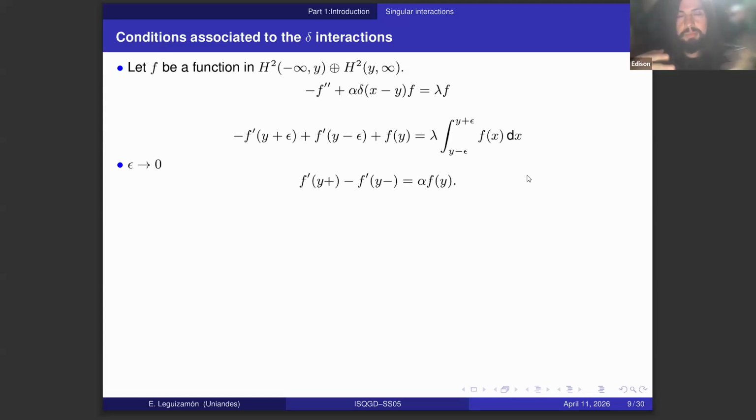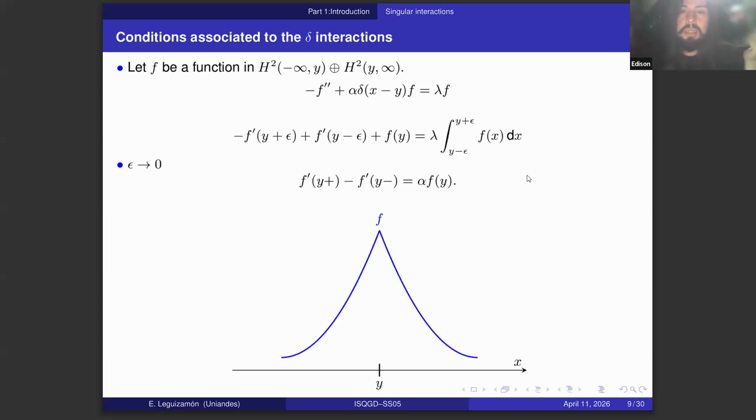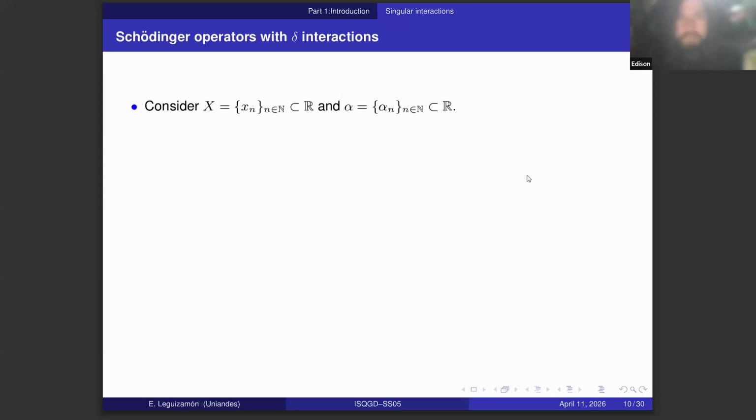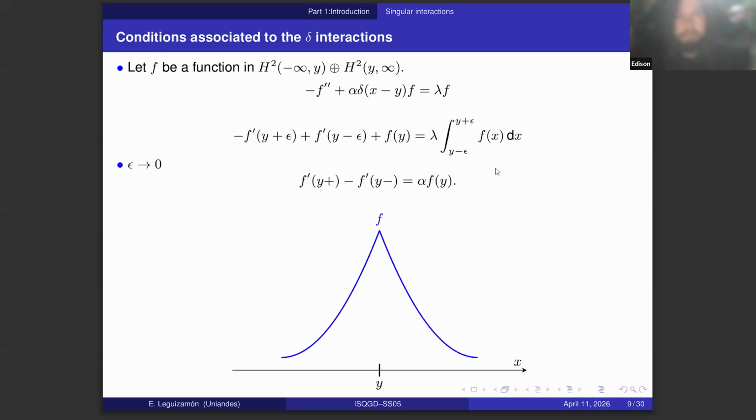It doesn't destroy the wave function, but it destroys the smoothness of the function. So if we move to a specific operator, this possible operator associated to the differential expression can be an operator on all the real line. So we need to remove the points of interaction from the continuity of the H2, the old H2.